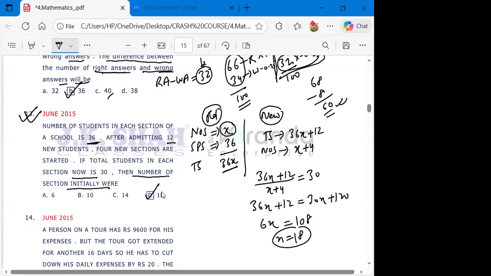That's why I've written old and new here. Write down this way, old, new, so that you can conclude the equation format.